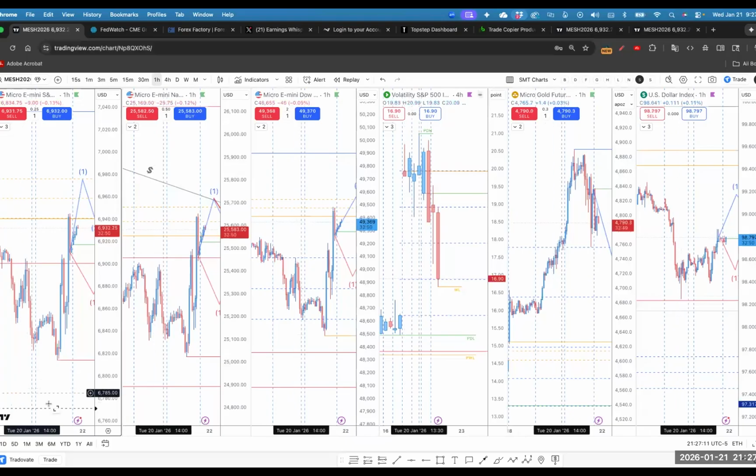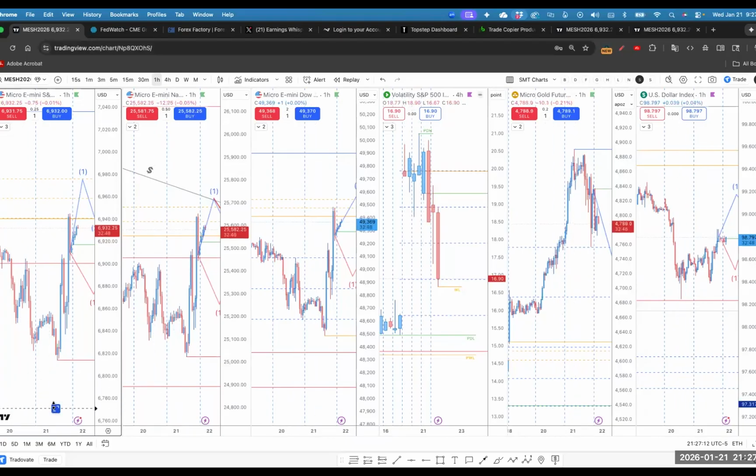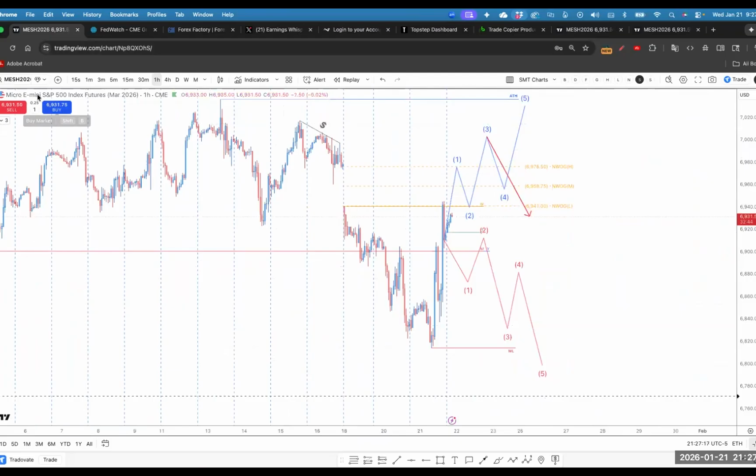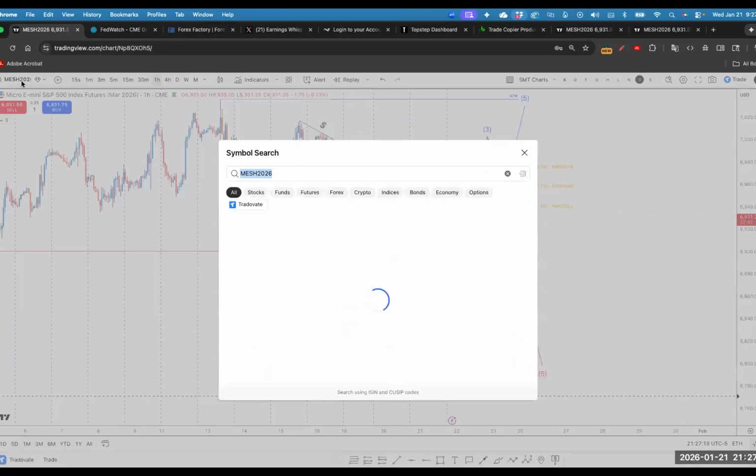So I just go to ES1. I have been trading on specific contracts like gold 2026 first quarter, and I've been able to trade like that. That's what I was trying to understand.